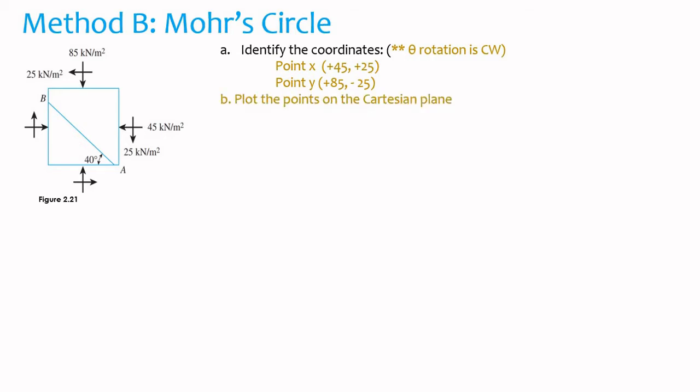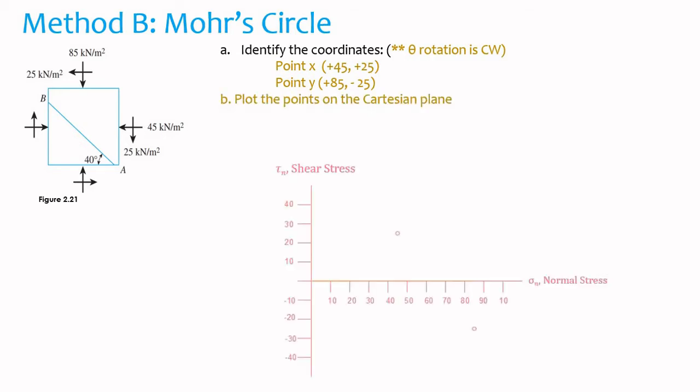Next step is to plot the points on the Cartesian plane. When plotting, we see to it that everything is accurate, even the divisions, so that we come up with an accurate reading.